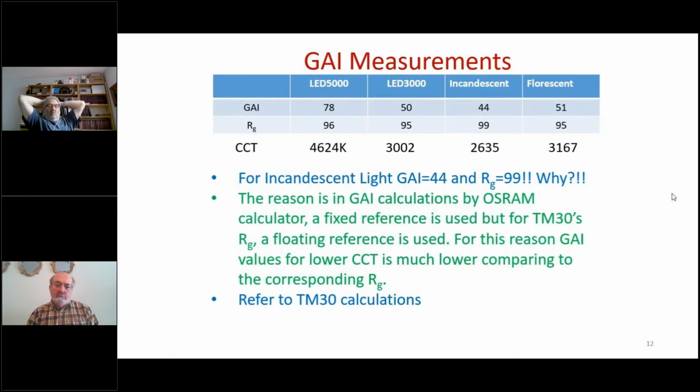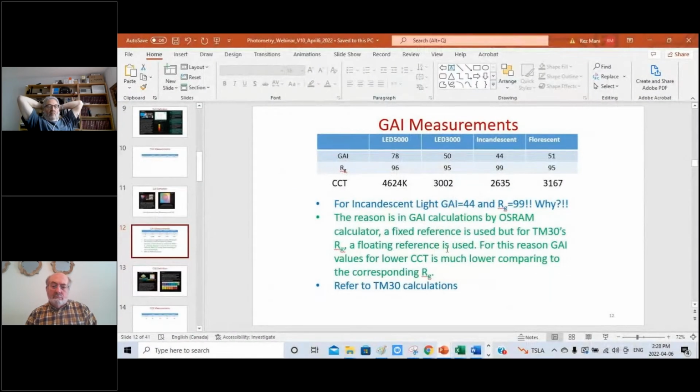I consulted some people and I found out that this is not a mistake because for TM30, when it's comparing the test source with the reference, it uses a floating reference source. So depending on the temperature of the test source, it uses a different parameter.